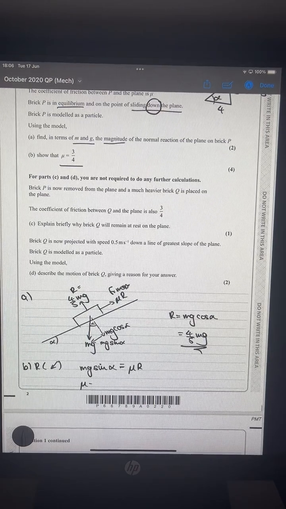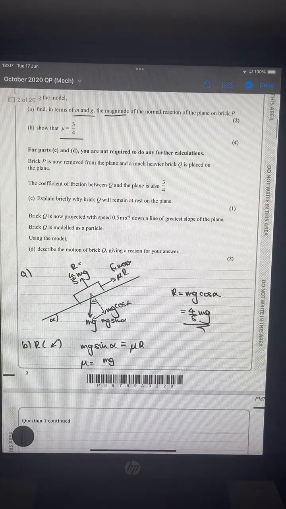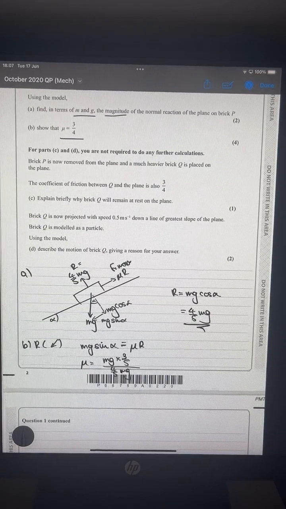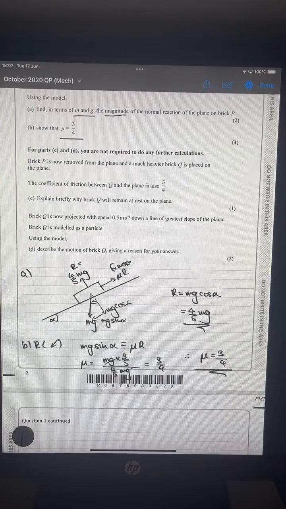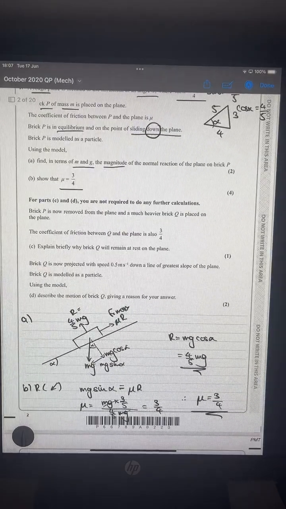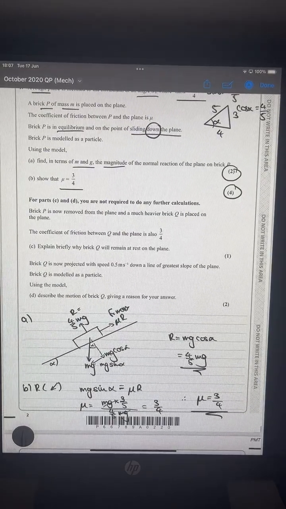So mu is going to be equal to mg times sine alpha, which I did up here, just 3/5, divided by R, what is R? 4/5 mg. The mg's cancel, so that's just 3/5 divided by 4/5. So I get 3/4. Therefore, mu is equal to 3/4. And that's a really nice 4-marker for part B.